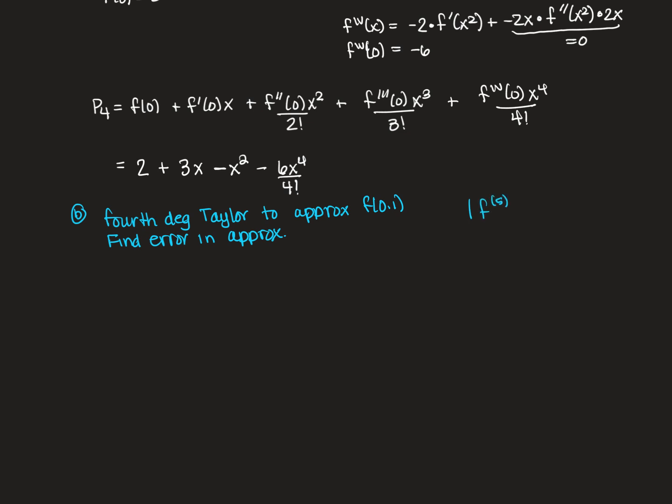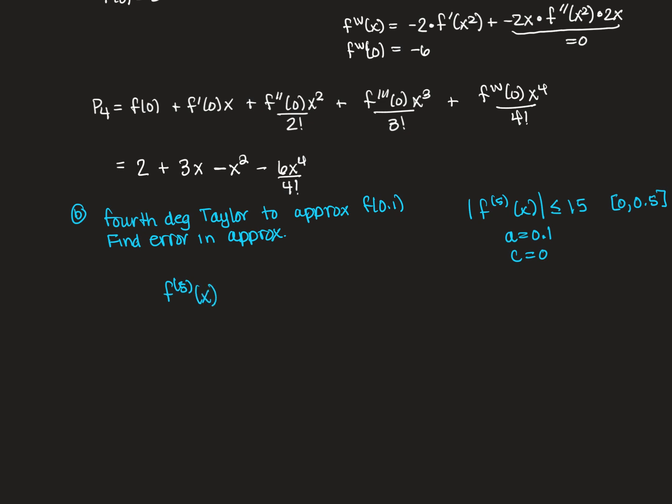They've given us a bound for the fifth derivative, and they told us this is the maximum between 0 and 0.5. We know that we're evaluating at 0.1, and our center was 0. So in my mind, what I'm really thinking about is the next term, which would be the fifth derivative at some value.